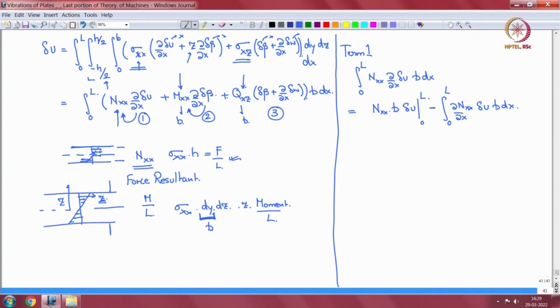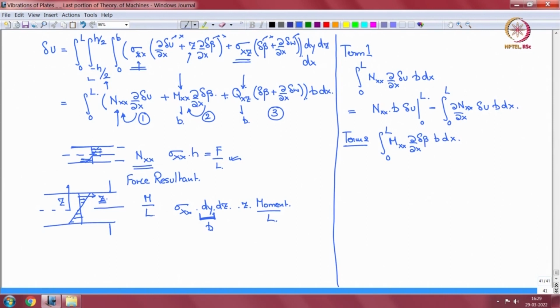Then I get the second term, term 2. Term 2 is integral 0 to L mxx del x delta beta b dx.